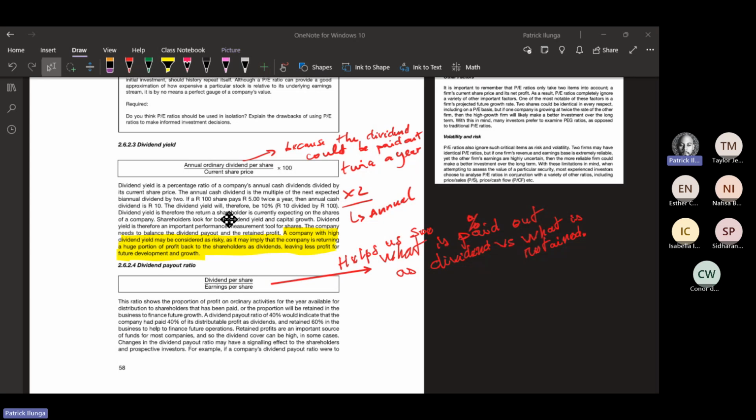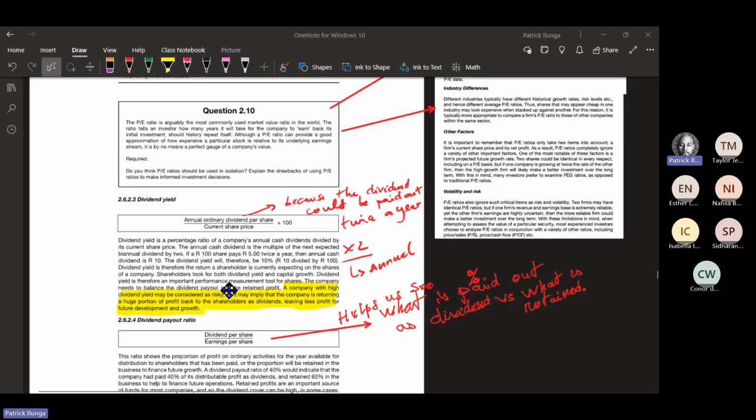Remember the dividend? Last question to you guys. What is the dividend? Why are we talking about this? Because now you will tell me, are we wasting our time? What is the dividend? It's not the earning per share. It is the actual money that we pay out, right?